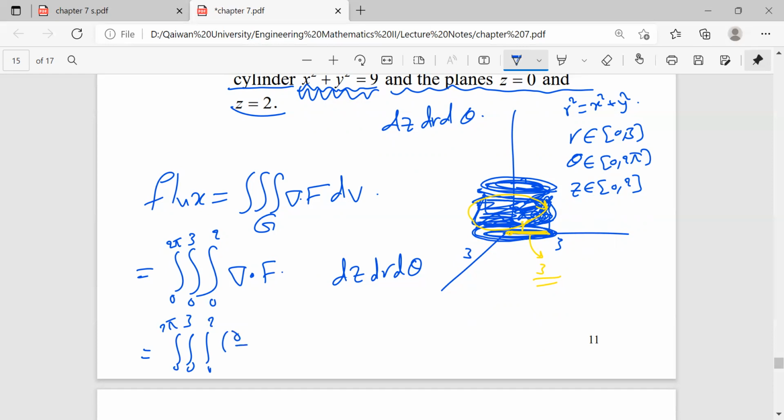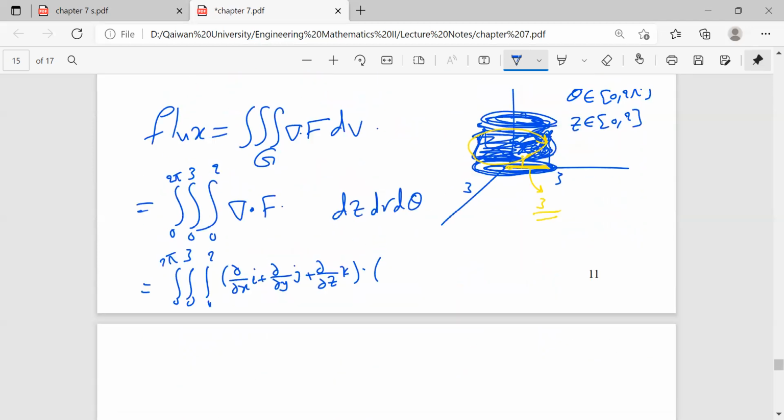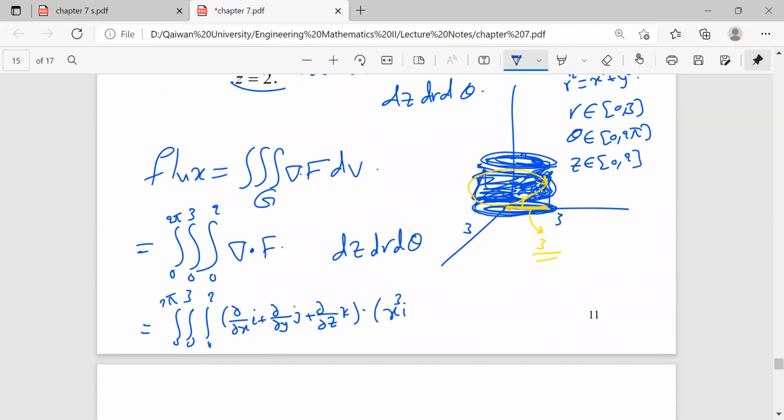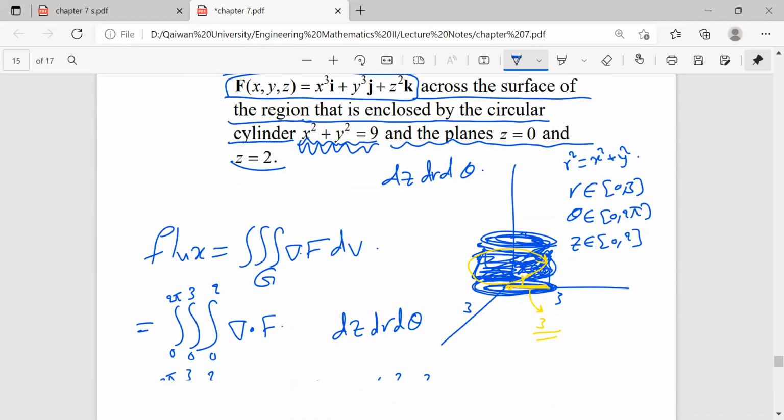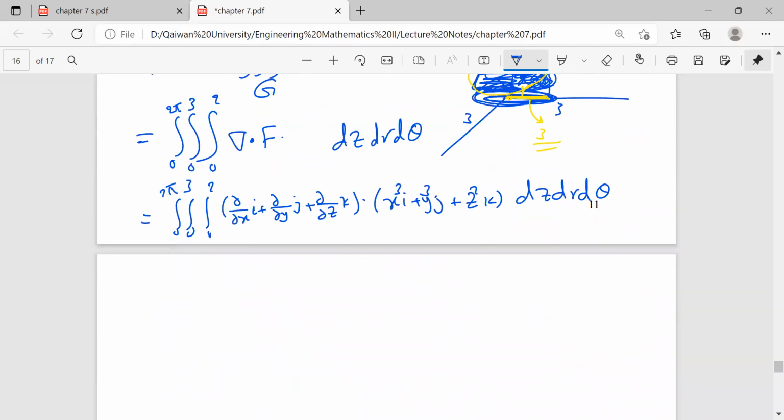The gradient is partial by partial x i, plus partial by partial y j, plus partial by partial z k, dotted with f, which is given as x cubed i plus y cubed j plus z squared k, dz dr d theta. Now we find this dot product. We multiply i component to i component, j to j, k to k.